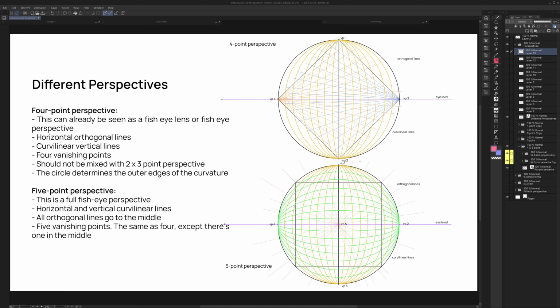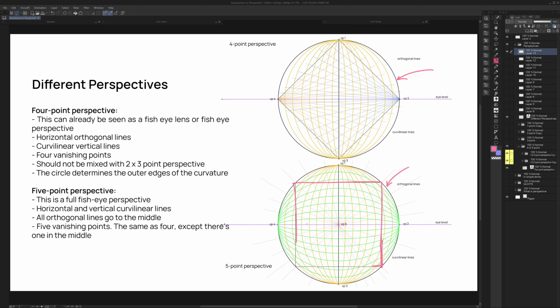Then we have 5-point perspective, and this is the reason why I combined these two images together, because now you can see that they are roughly the same, except that they are actually quite different. First you see that we have a circle. Same thing here. We have the diamond, except that it's rotated to be a square.